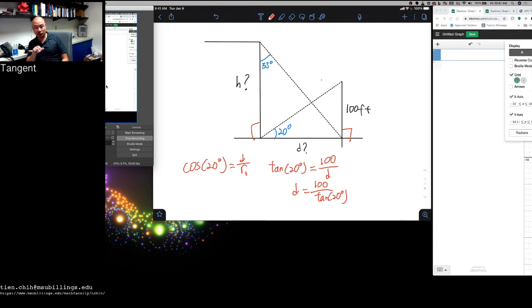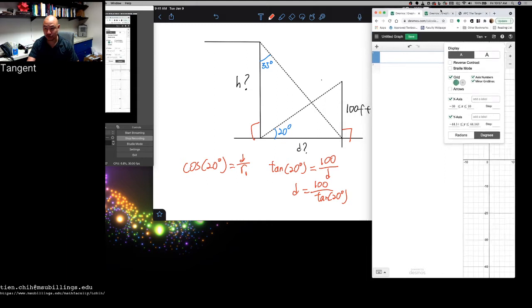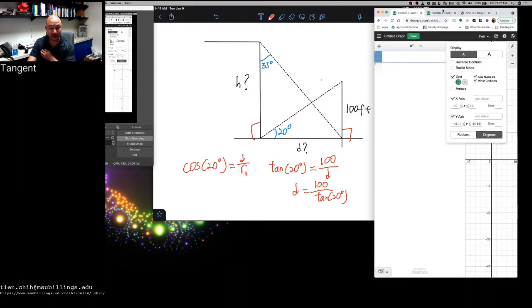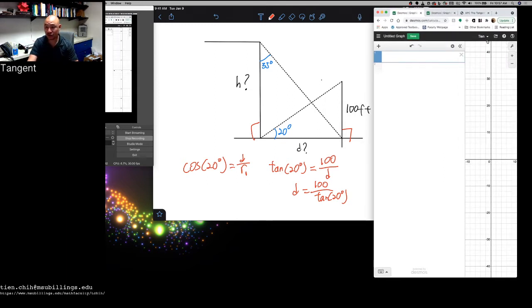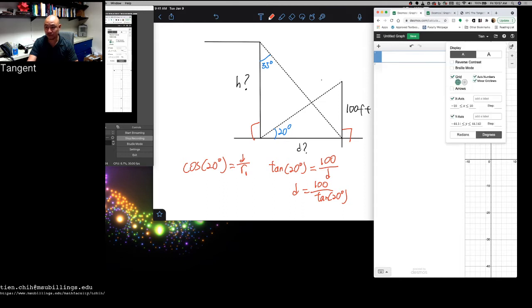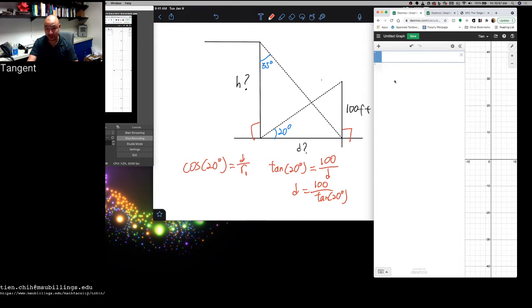Now we can solve for that distance, and we can use software as usual to compute the particular values. Just remember to make sure that Desmos is set to degrees, because if you set it to radians, the values will be different. We can note that the tangent of 20 degrees is about 0.364 or so.